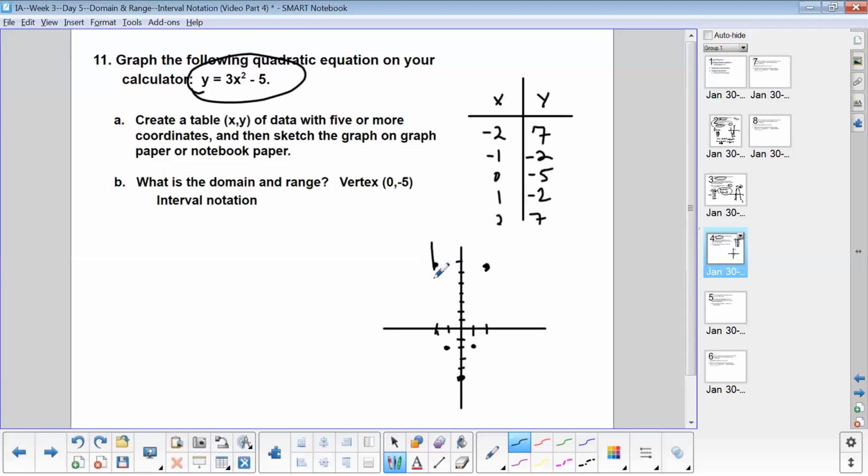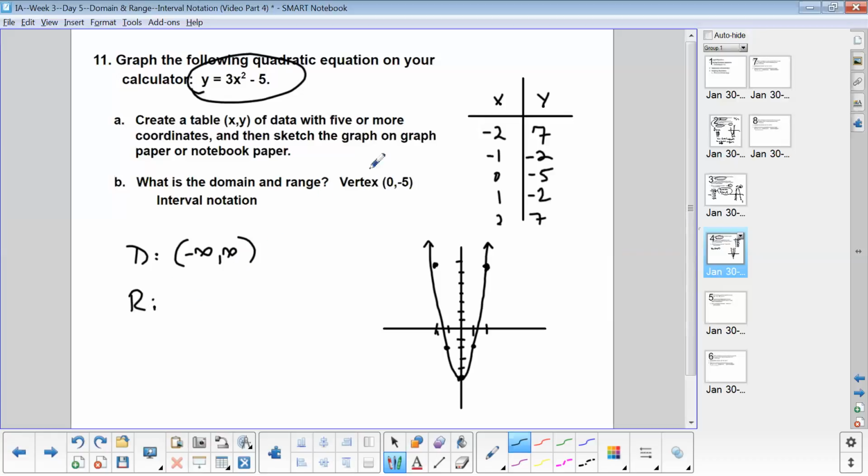So carefully just connect those the best you can. Try that again. So there's my data points. Here's my sketch. And so my domain would be -infinity to +infinity, all the possible X values, all the possible Y values.